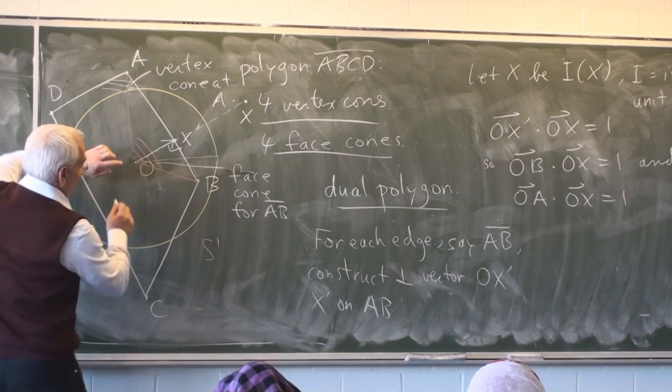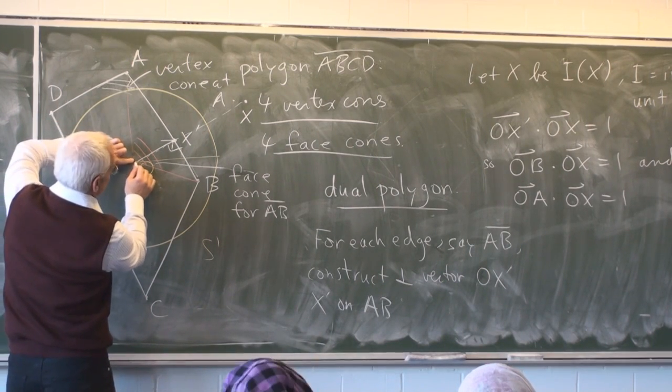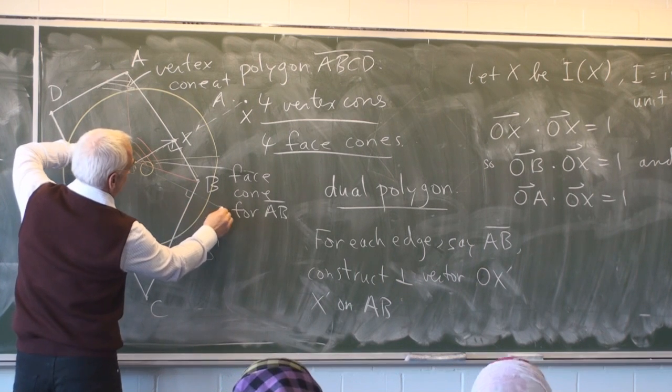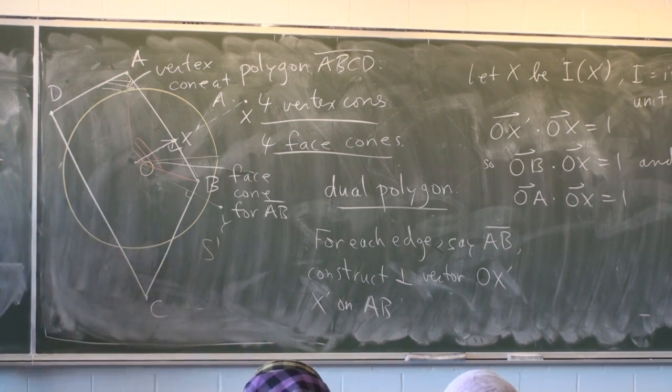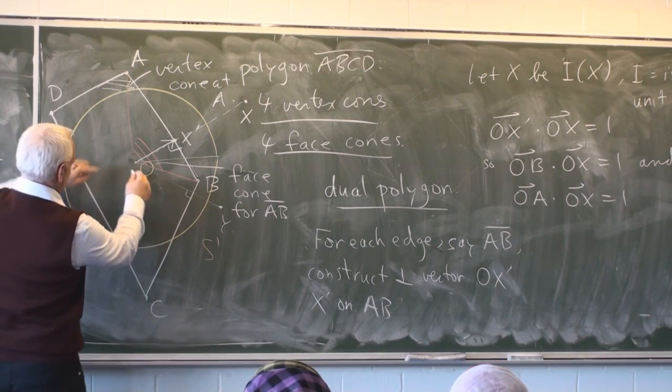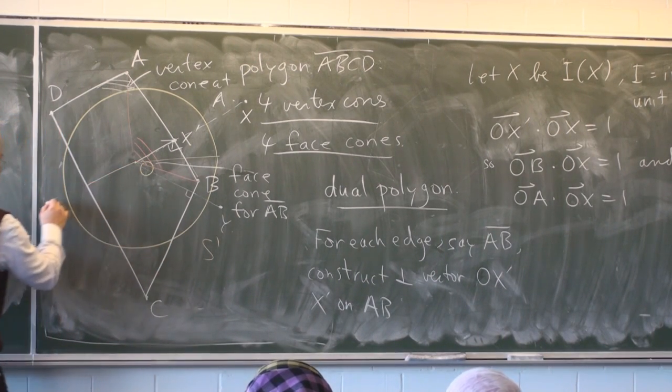Okay, so let me try to show you where these other points are. So there's perpendicular, and then we have to go out. Maybe we get a point like Y over here. And then over this one, we go over here, and then we go out.